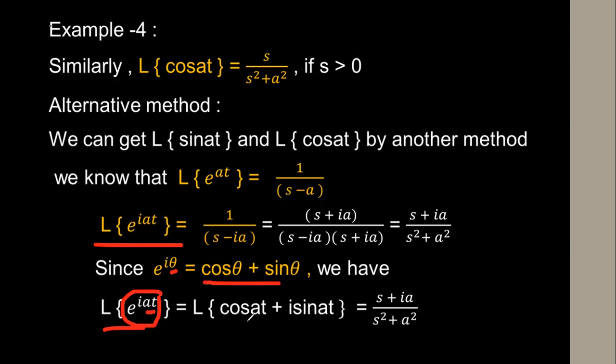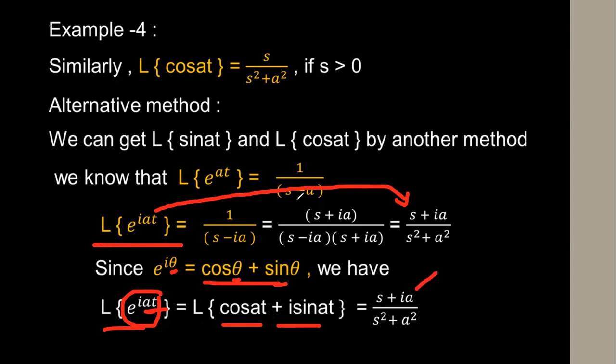So that's why Laplace transform of cos at plus i sin at. Already we have simplified that Laplace transform of e power iat is s plus ia by s square plus a square. So we have written that at the LHS.